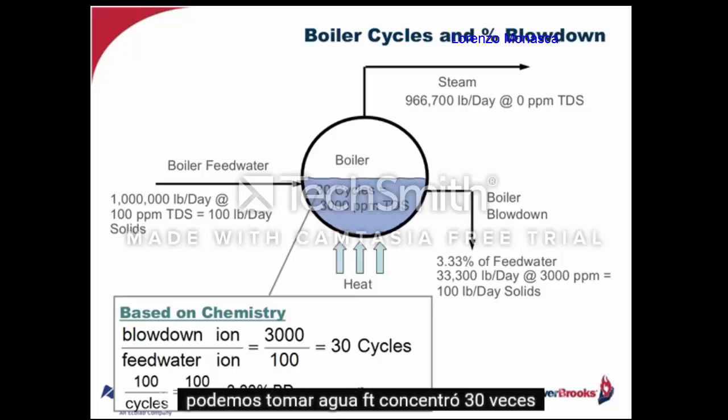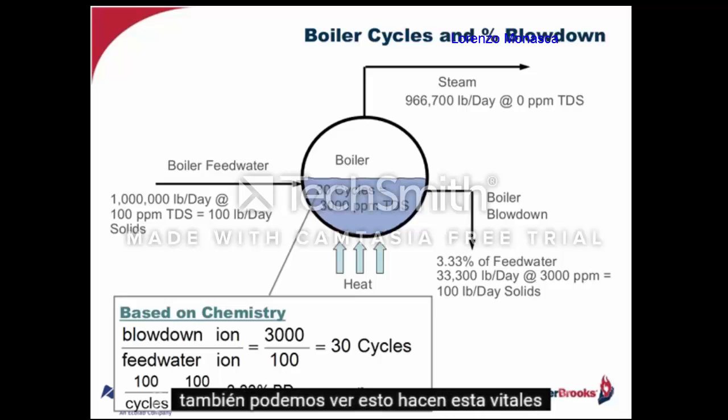We can take that feed water and concentrate it 30 times and still be within the recommended guidelines that ASME provided us. 30 times that feed water TDS of 100 is 3,000. I have it there on my diagram.